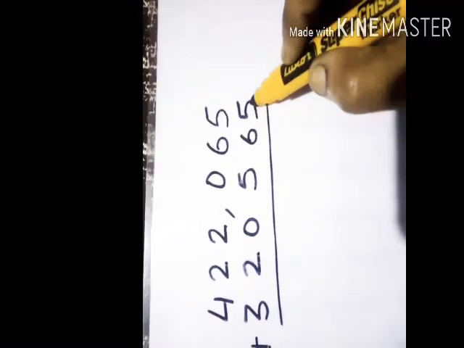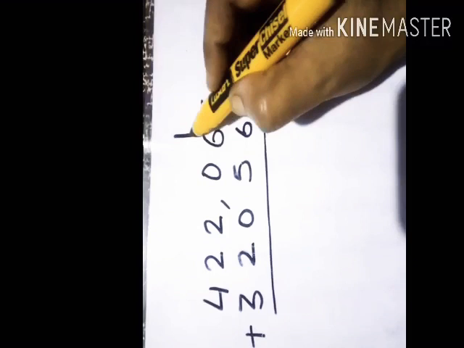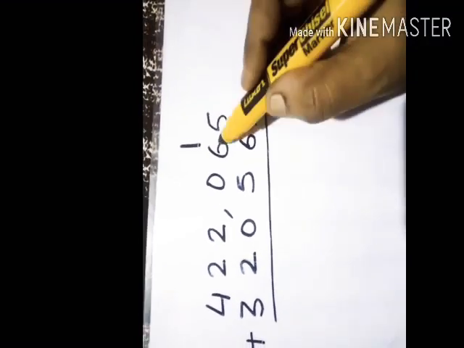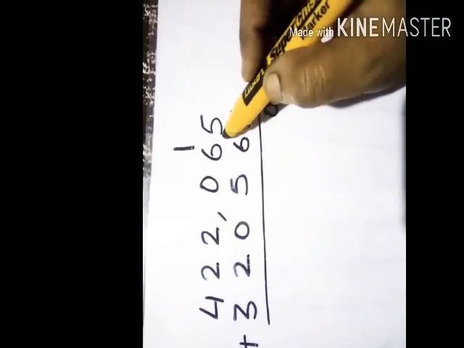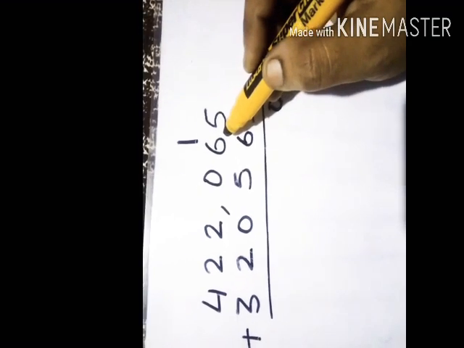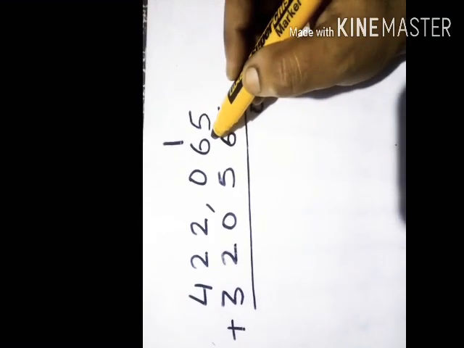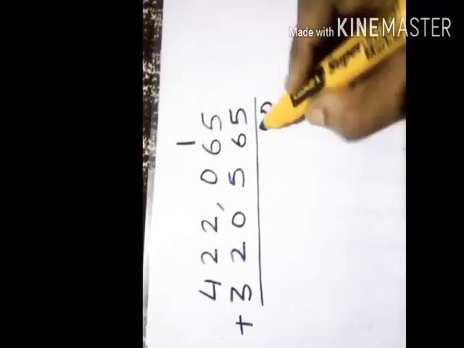5 plus 5 is 10. Write 0, carry 1. 6 plus 6 is 12. 12 plus 1 is 13.